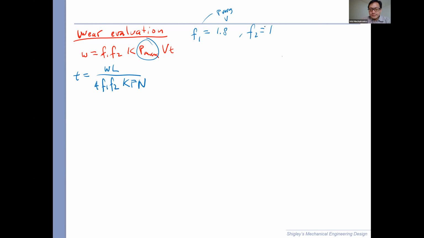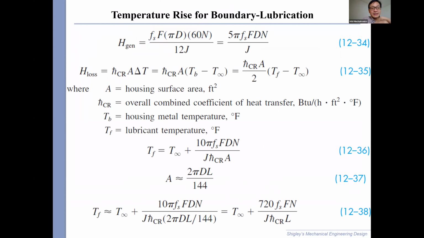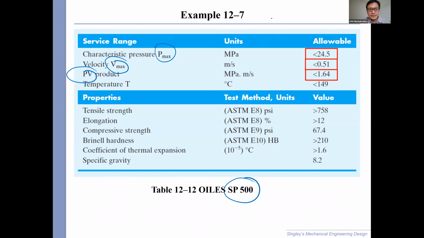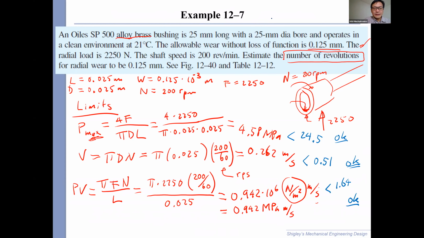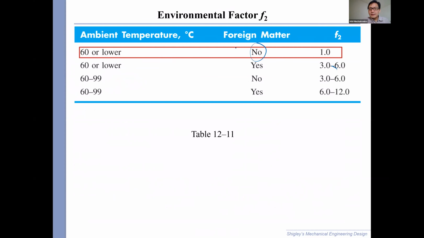Now F2. All right, F2. It seems we were given it. What's the temperature? Clean environment. A clean environment at 21 degrees C. Clean means no foreign matter. It also means 60 or lower. F2 is 1.